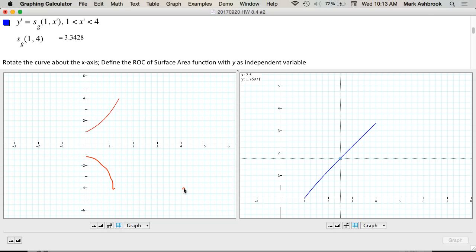We'll get kind of like the bell of a horn, right? Like the bell of a horn that's been chopped off. So you could put your arm right through it.